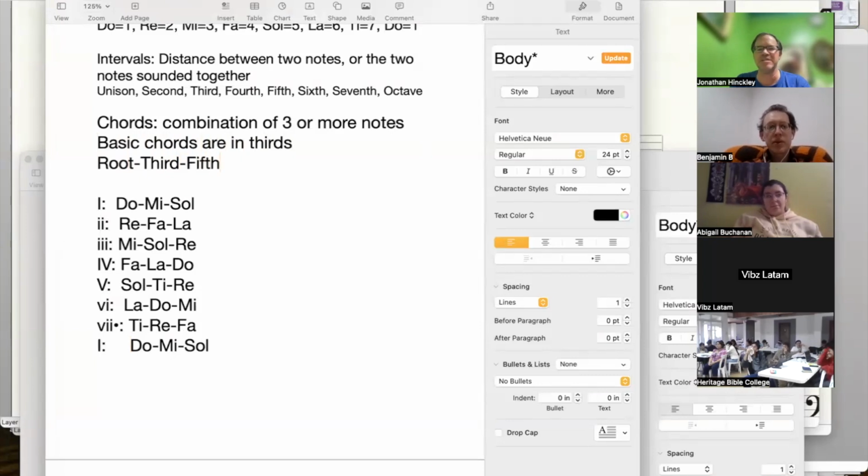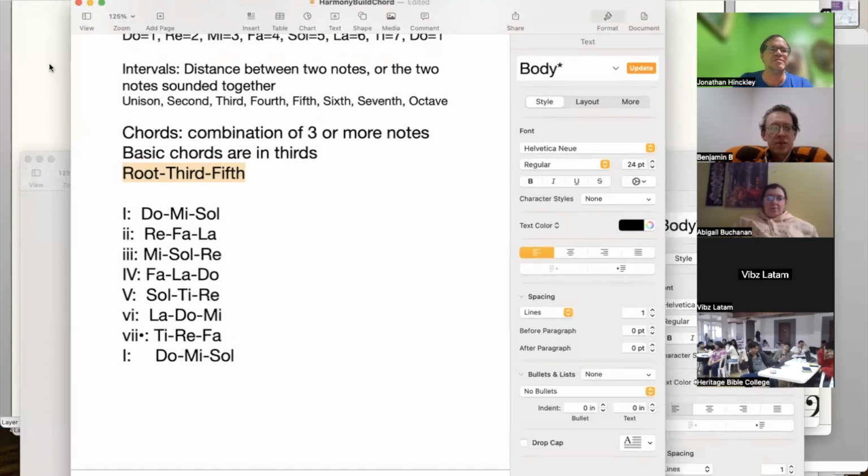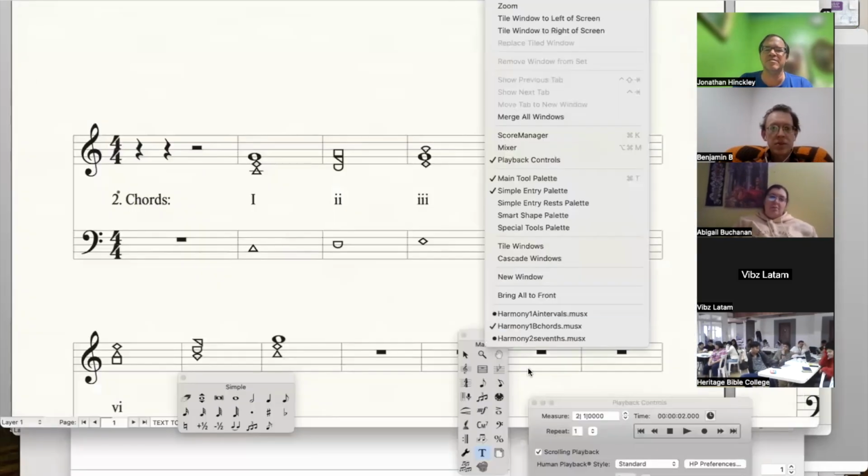And I'll show you what that means in just a second. So I want you to memorize this. Root, third, fifth. Okay? Root, third, fifth. Keep this in mind. Root, third, fifth.